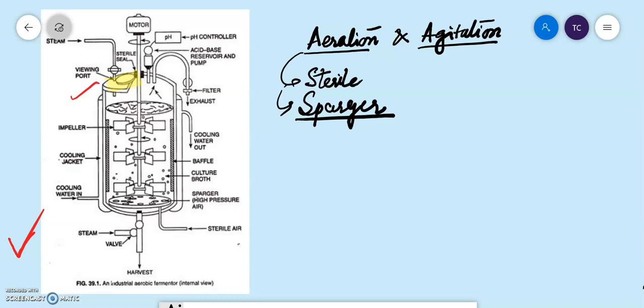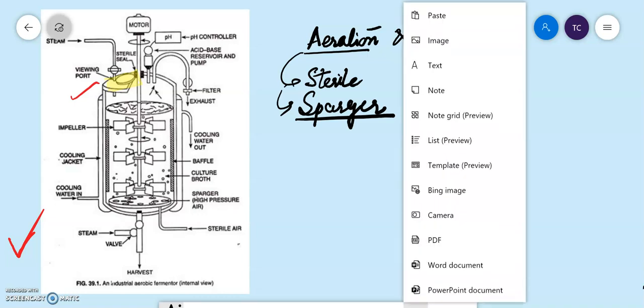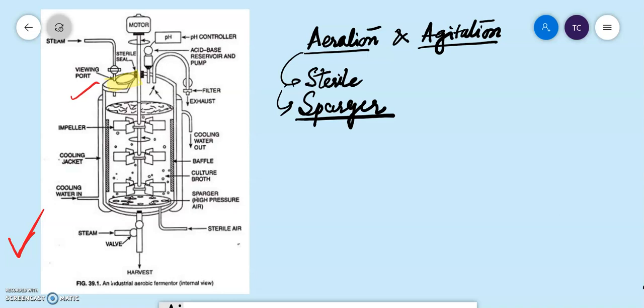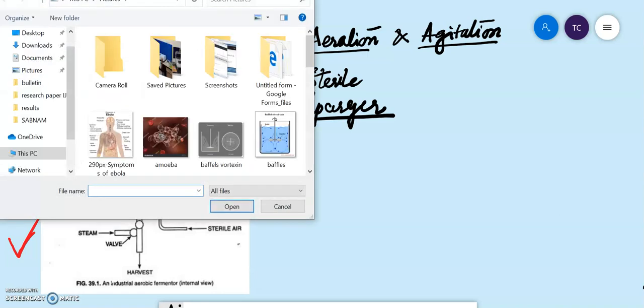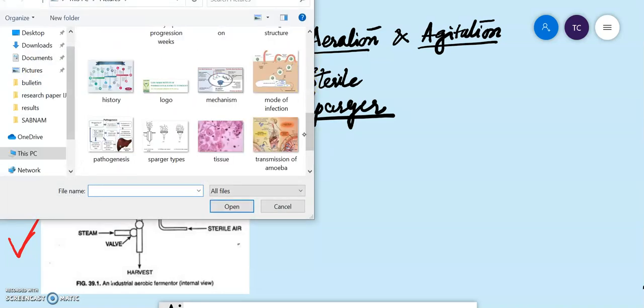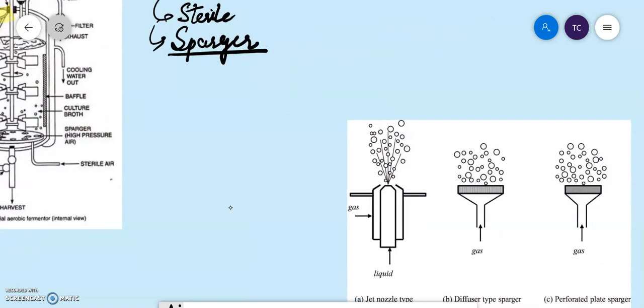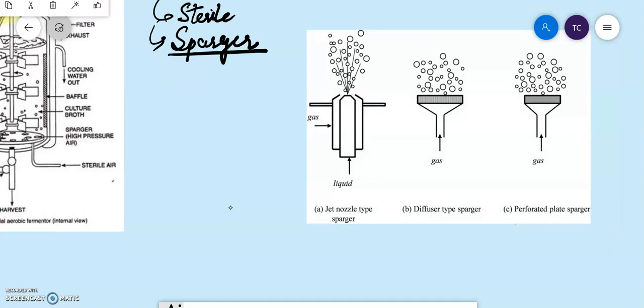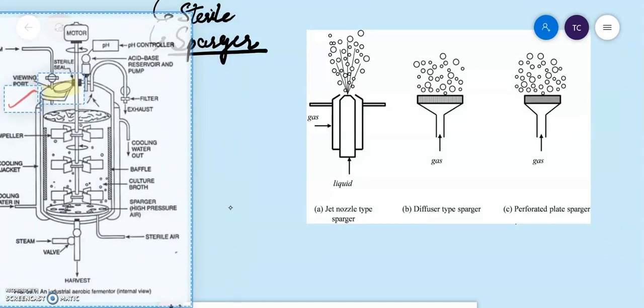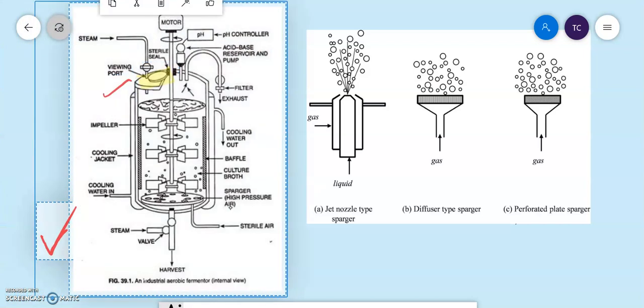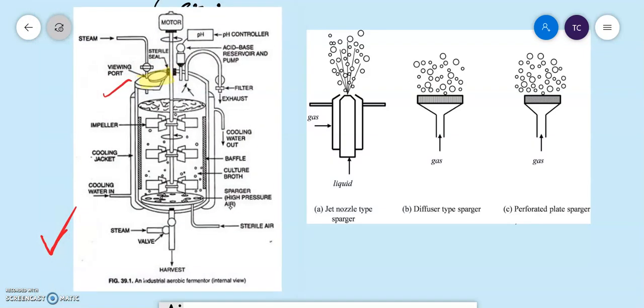Before I move on to the Sparger, let's take some images of your Sparger, what type of Sparger, what is the design of a Sparger which can be introduced into the vessel. First and foremost, this is the sterile air, and you get to see in this diagram that this is the Sparger.